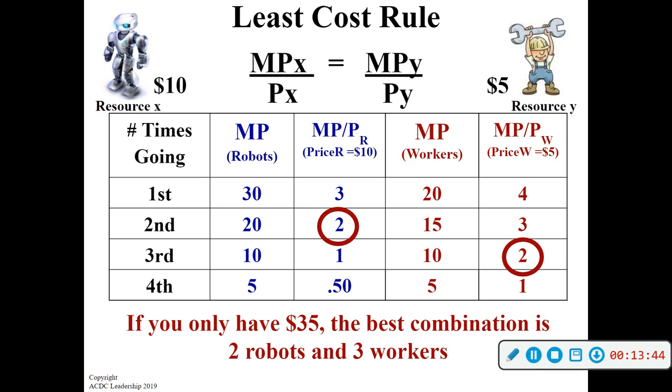But if it ever refers to the least cost rule, that's what it's referring to: you've got $35, how do you hire workers to be most efficient, or what's the most efficient combination of workers you can hire for that $35? Questions there?